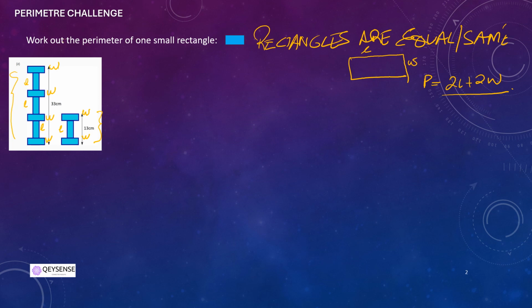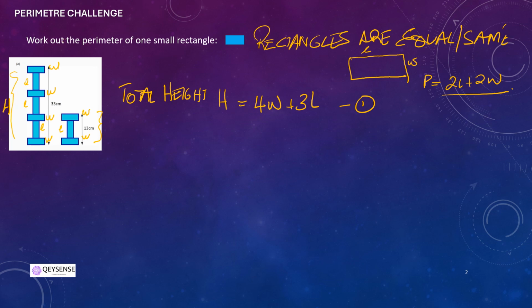If we look at the total height of the big tower, let's call that H, it's simply 4W plus 3L. That's equation 1. As you can see, you've got 3 L's making up the height plus 4 W's.